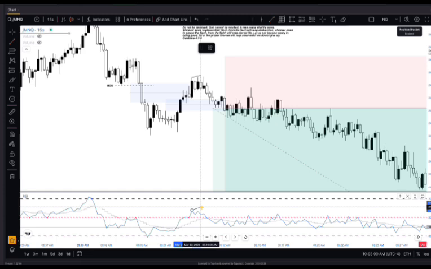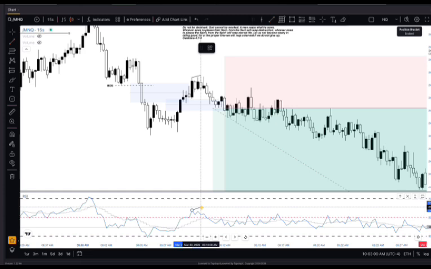Three, a higher low. Obviously, no, a higher high, and then a higher low created. This is what you want to see.